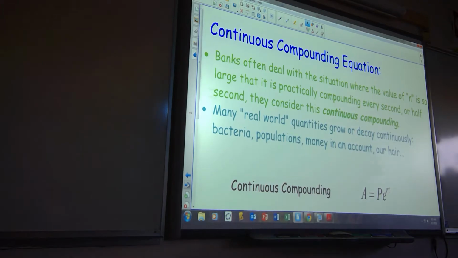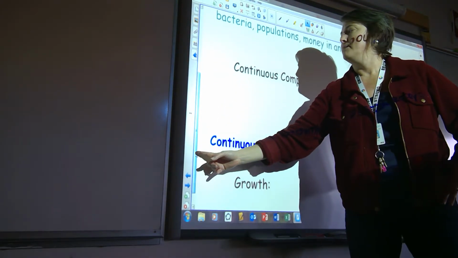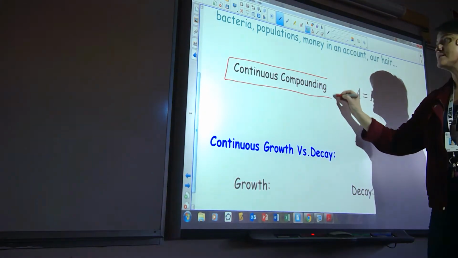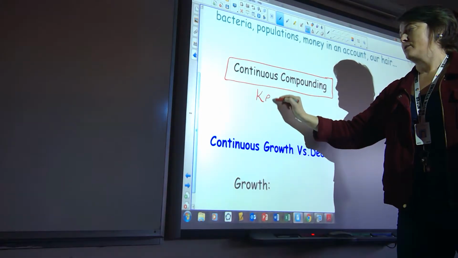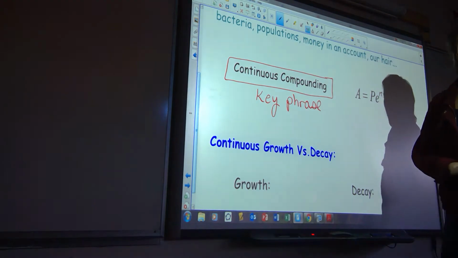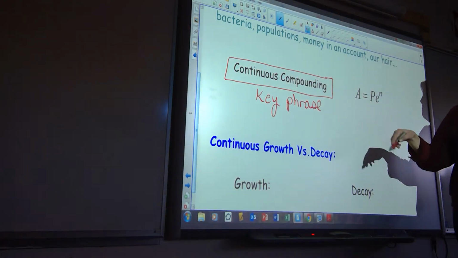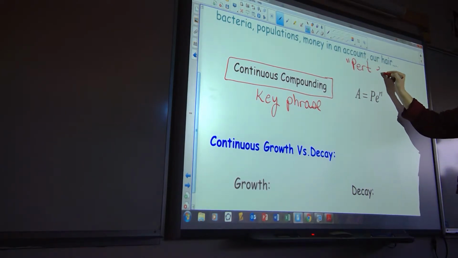So really, this is the most valuable equation to come across. The key words that you need to look for is if it says continuous compounding. Anytime it says continuous, this is going to be your key phrase. If it says that combination of words, that means use this equation. This equation is often called the PERT equation.